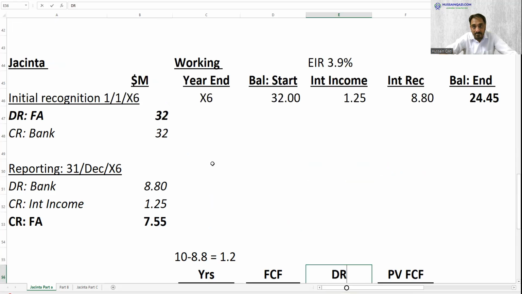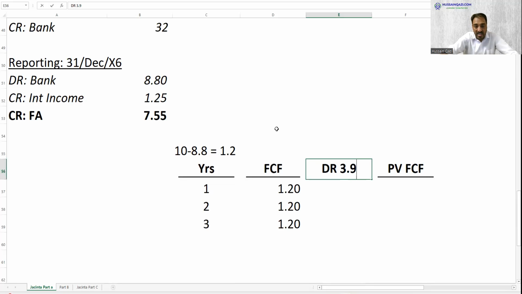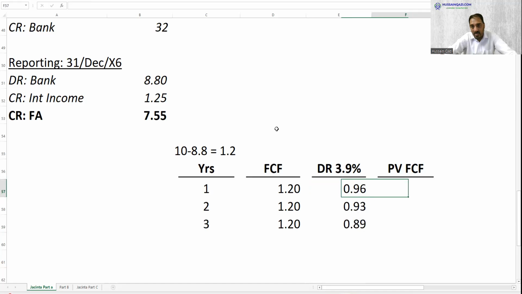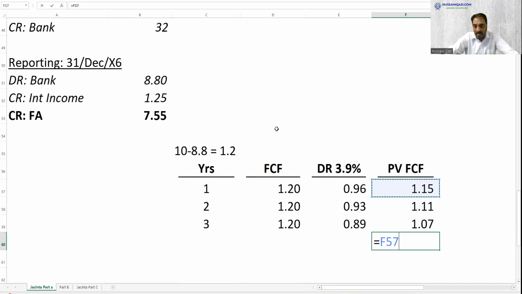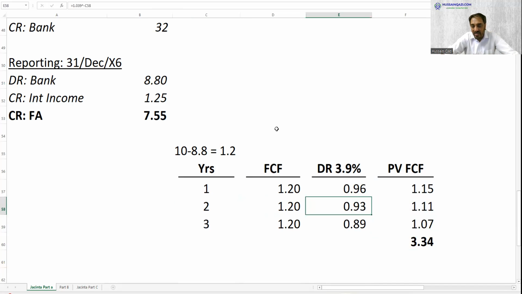Discount rate here is 3.9%, so it is 1.039 power minus 1. This is the value of the reversal of impairment, that is 3.34.